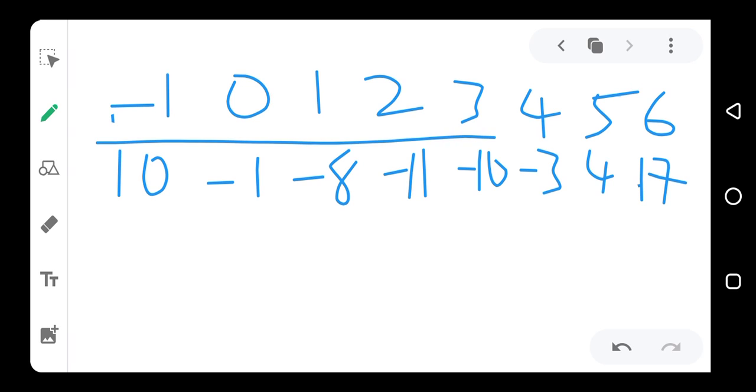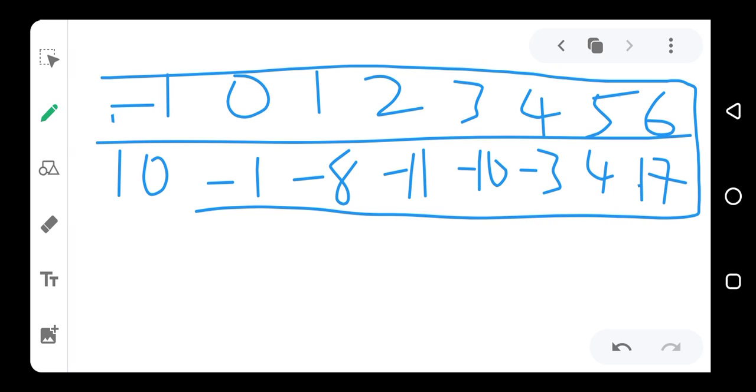Now you create this small table showing clearly the values for x and the values for y.